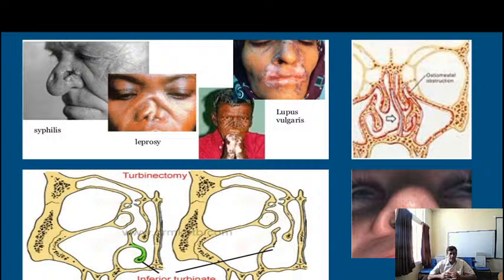If somebody comes with a nasal obstruction, we try to resect these tissues, not totally understanding the complications of resection. We are only concentrating on establishing the passage, but we forget the function of the turbinate.